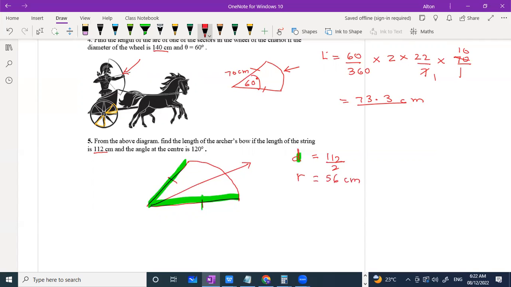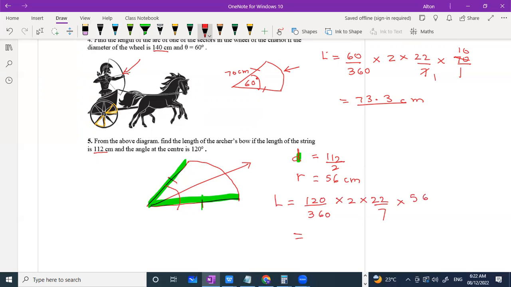And that is what we are using in our calculations, the radius as 56. So the length of the arc will be 120, which is the angle as stated in the question, 120 over 360, multiplied by 2 pi by the radius of 56.